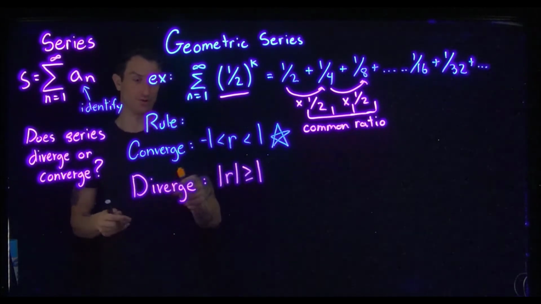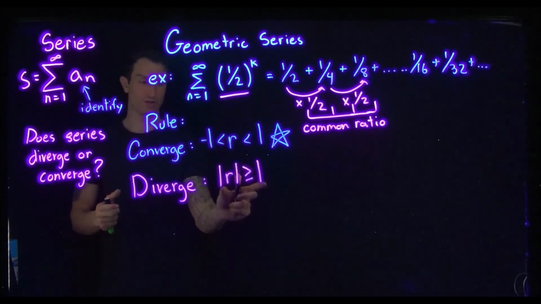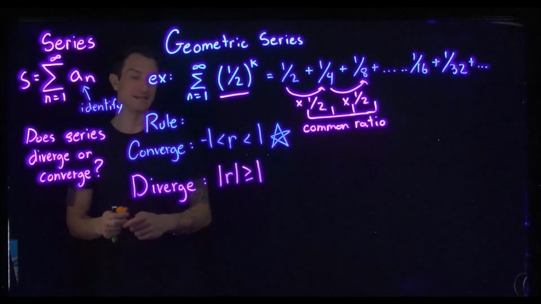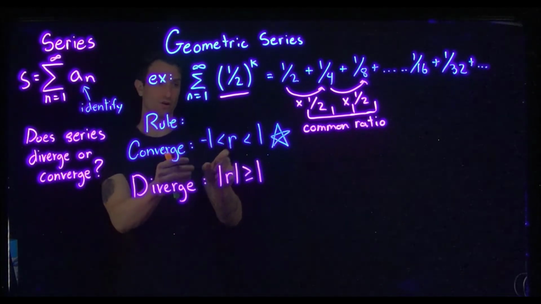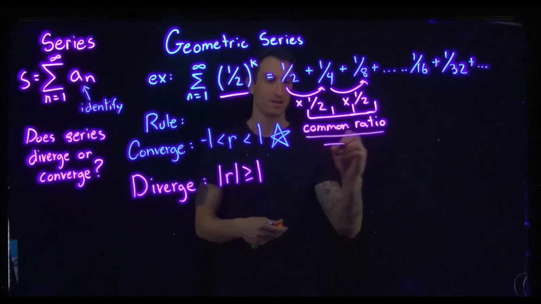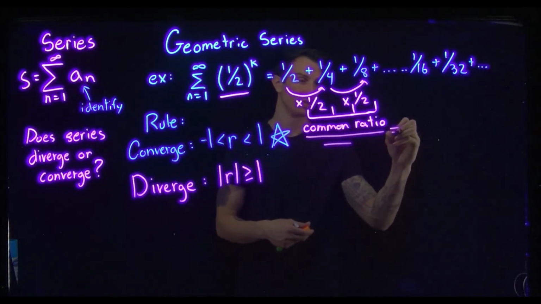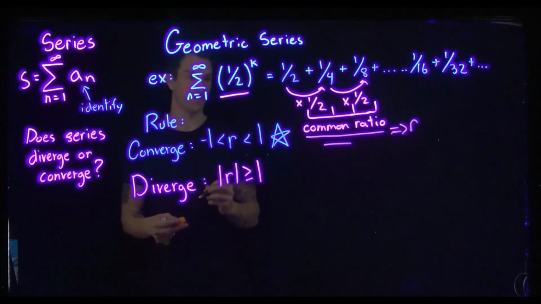Right, it's going to diverge. So if we're between these two values, we converge. If we're outside of those values, we diverge. But the key thing is we have to be able to identify r, which is the common ratio, right? So just in case I didn't write this, the common ratio we denote using a lowercase r. This is our common ratio.